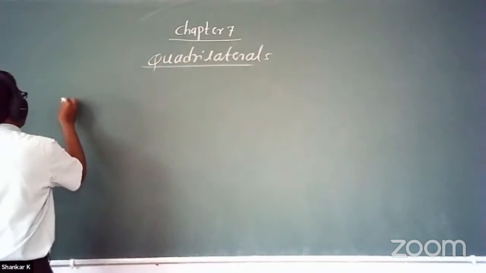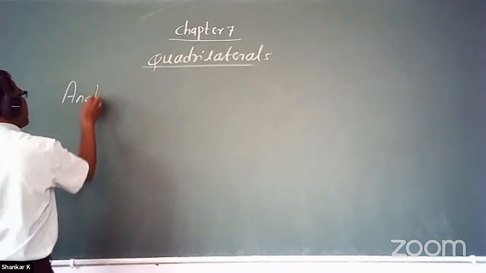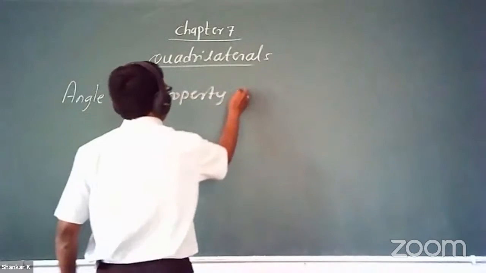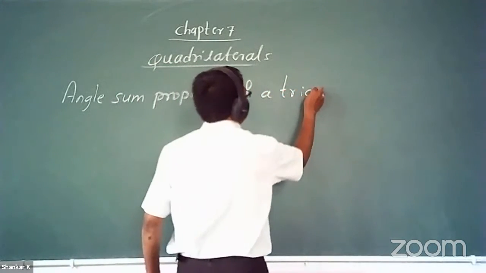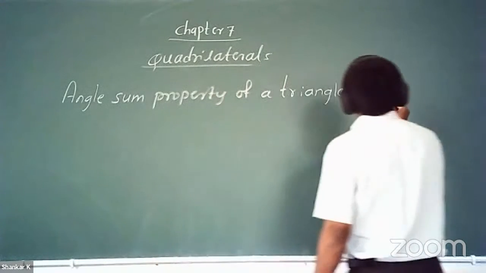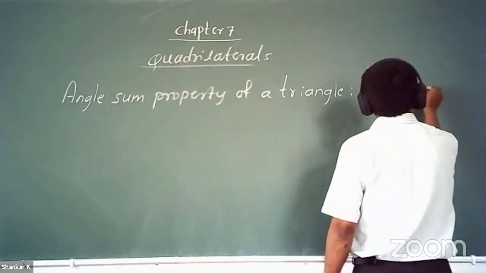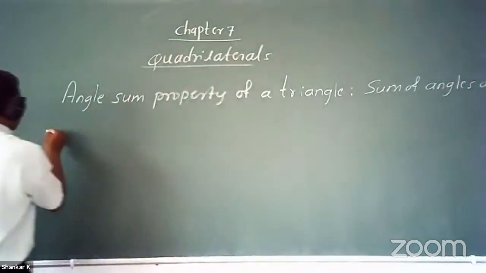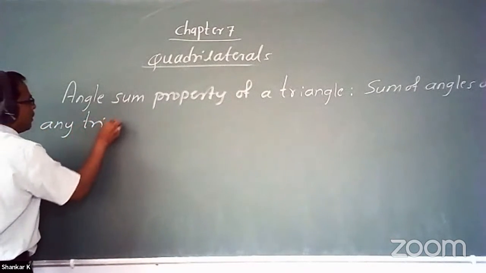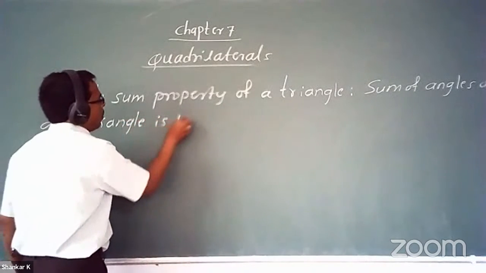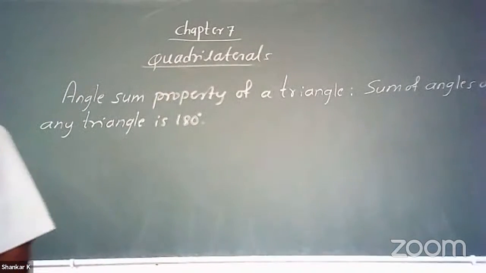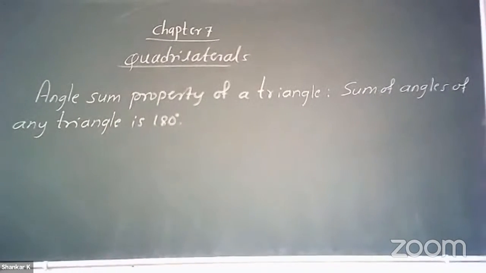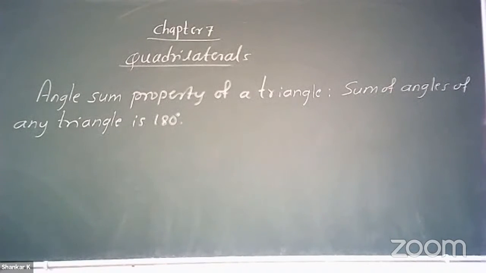I will remind you what the angle sum property of a triangle is first. The sum of angles of any triangle is 180 degrees.